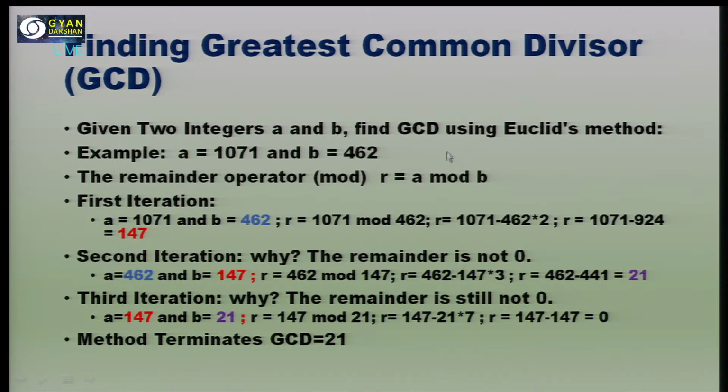In fact, Euclid proved that this is still the correct GCD. So that is how they have already proved this particular algorithm.